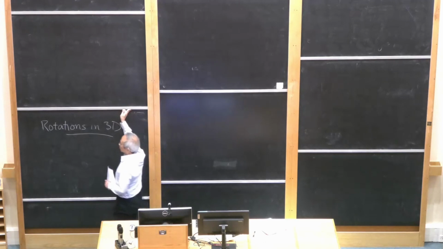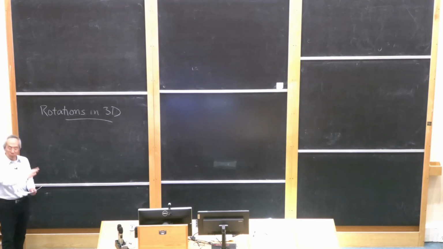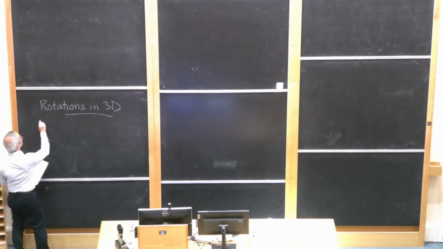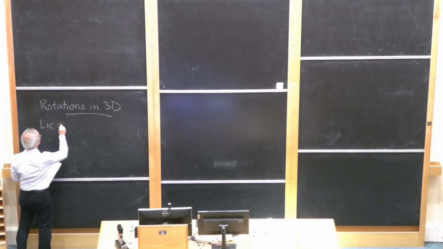Well, like with rotations in 2D, it shouldn't really surprise you that these things form a group, for pretty much exactly the same reasons. And in fact, this will actually form a Lie group.